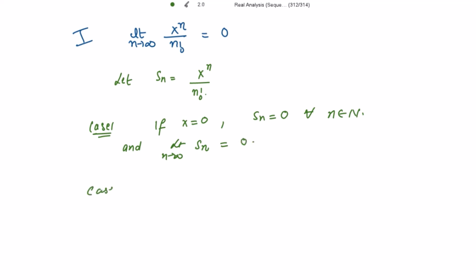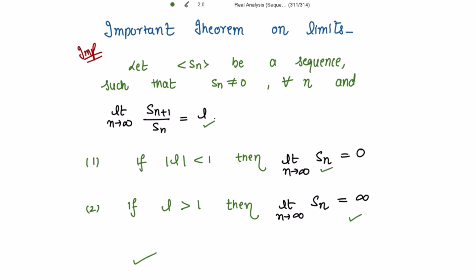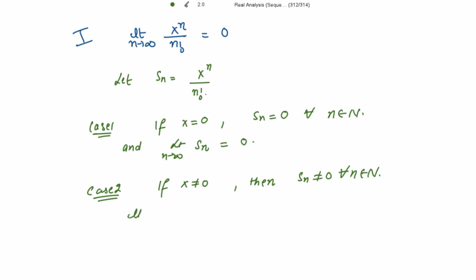The second case: if x is not 0, then Sn is non-zero for all n belonging to the set of natural numbers, right? And we know that from this theorem, if Sn is non-zero for all natural numbers, then we use this limit. So let's find limit n tends to infinity of Sn plus 1 divided by Sn.